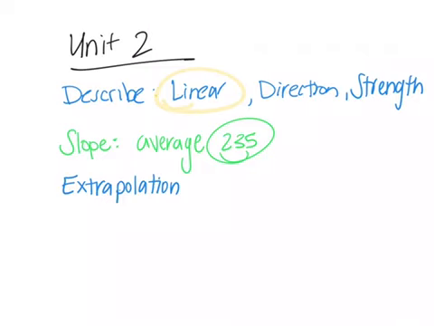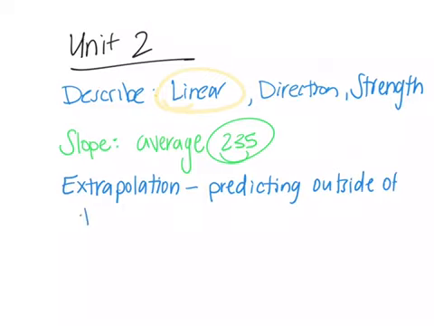So extrapolation means that you are predicting outside of the known X values. And when I say known X values, that means the X values that were actually gathered when you gathered your data points that created your scatter plot.